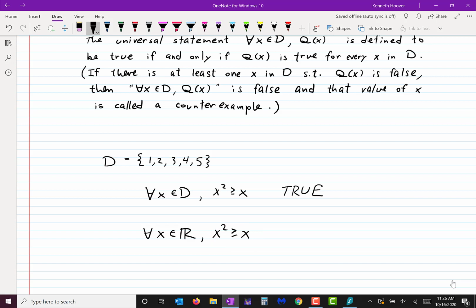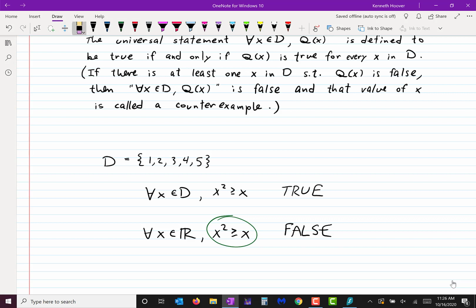So that's a false statement. For instance, one number for which this is not true is the number 1/2. 1/2 squared is a fourth, which is not equal to or greater than 1/2. So the number 1/2 would be what we would call a counterexample.